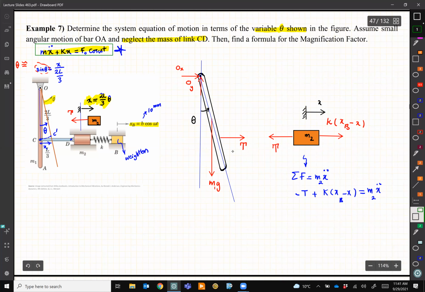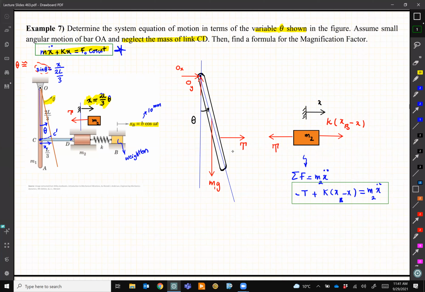Maybe we can use it later because it does not give us too much of things that we like to know. It has one unknown, T. Let's use the other free body diagram. We take a moment about point O and we say it is equal to IO theta double dot, right?